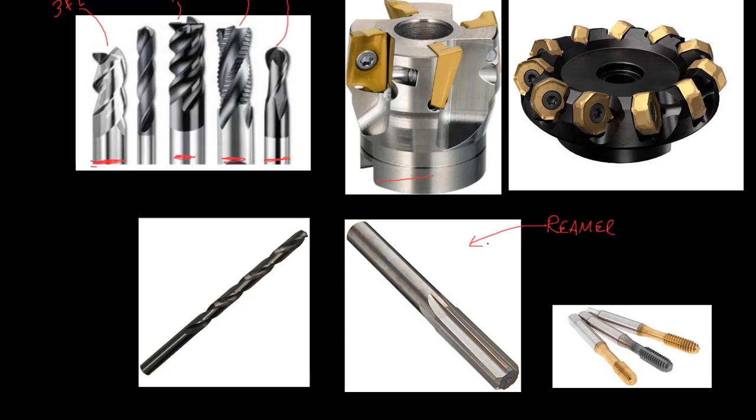I wanted to show this tool because a reamer can't actually make a hole feature on its own, but it can enlarge a hole feature from a pre-existing drilled hole. And this hole will be way more accurate, because a reamer is a far more accurate tool for making a hole.